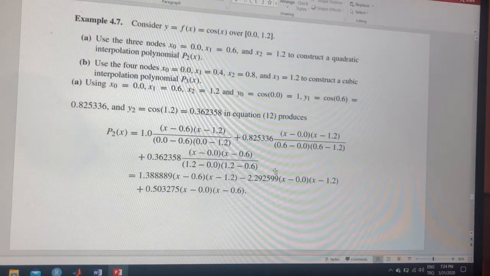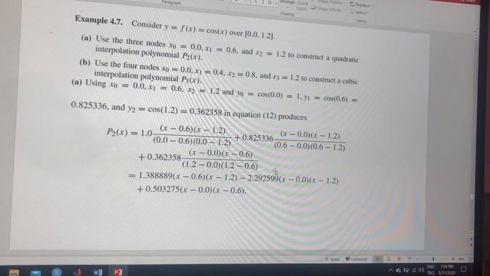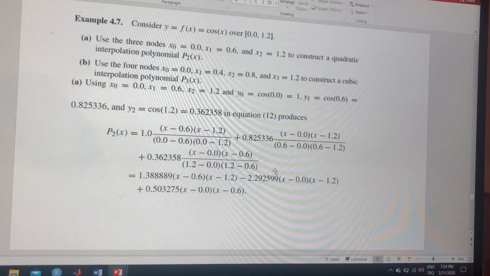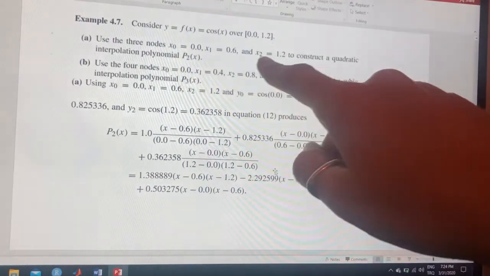And we can do the same thing for 3 nodes. This time we will be having a quadratic Lagrangian interpolation, x0, x1, x2.